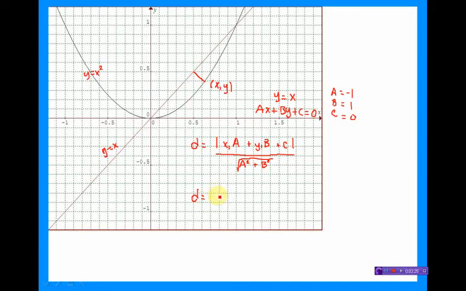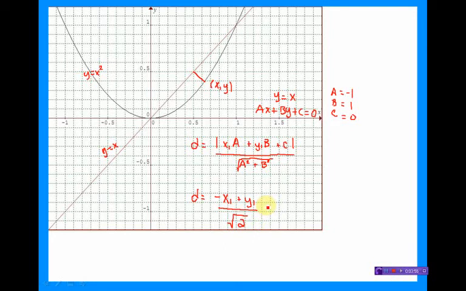So what I can write is my new equation, plugging in numbers for a, b, and c, I end up with negative x1 plus y1 all over, a is -1 and b is 1, so it's going to be the square root of 2.